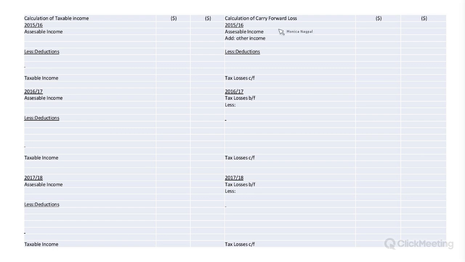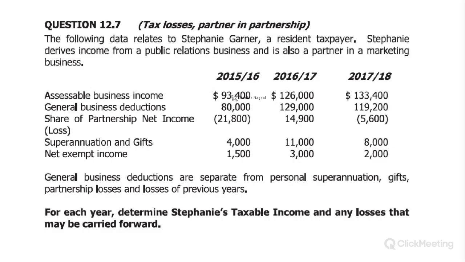So in this case, what is the assessable income? You have been given it, very good, that's right. And what will be the exempt income in this case? Very good, that's it. Add them up and minus them from the total of deductions, and that should give you any tax losses that you can carry forward. That's correct, Kamal.